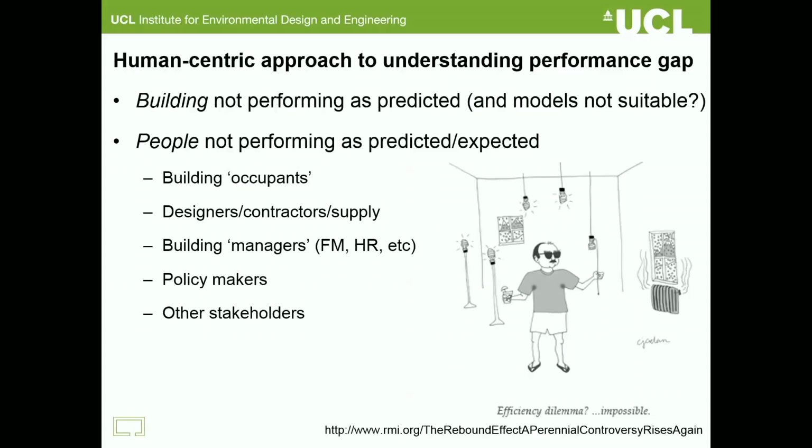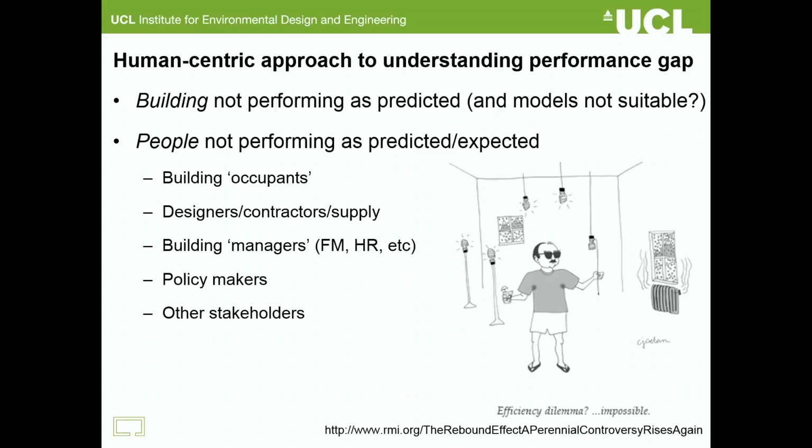First of all, even if we think about the energy performance gap, we could argue that there is an issue with buildings not performing as predicted and the models not being adequate, but also people not performing as predicted or expected. By people, I mean the occupants, but also all the other stakeholders involved: the designers, the contractor, the suppliers, the FMs, the CEO, all the way through to policymakers.